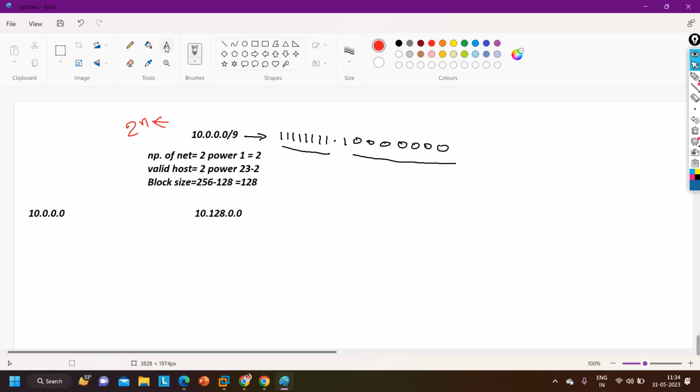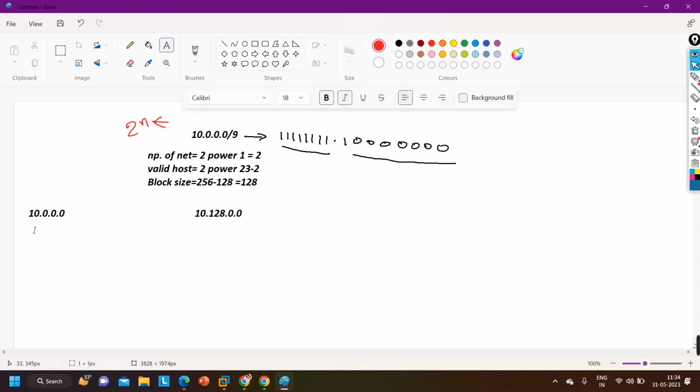First network is 10.0.0.0 and the second network is 10 dot, 0 plus block size, 128, dot 0.0.